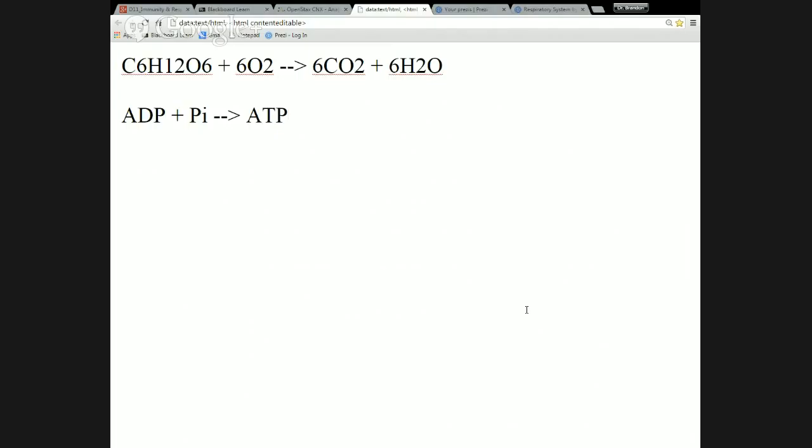It requires energy to put a third phosphate onto ADP. And if we reverse that reaction, if we take that third phosphate off, that energy gets released. The energy necessary to make the ATP in the first place is energy that's released by breaking down the glucose in the presence of oxygen.